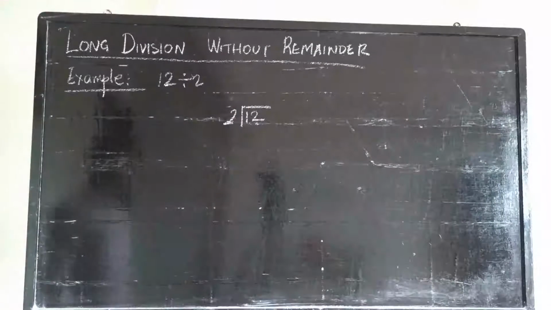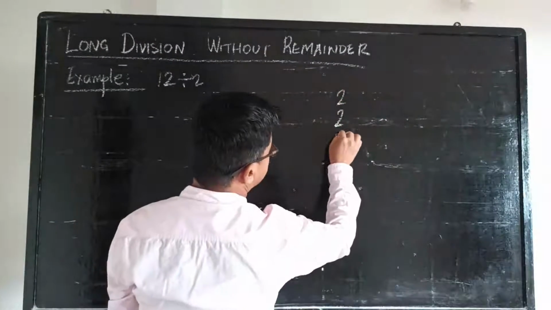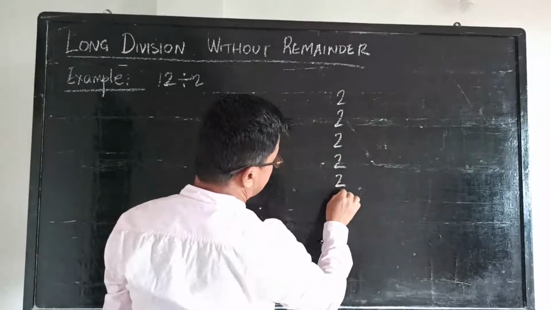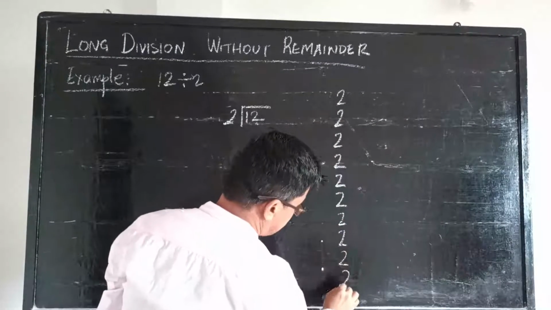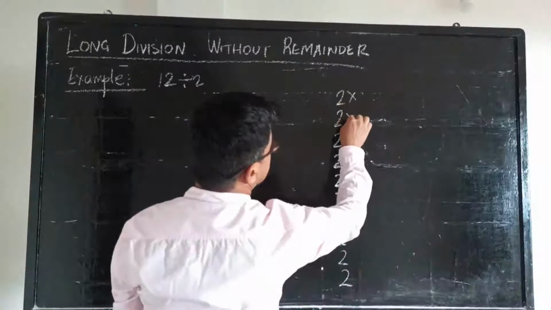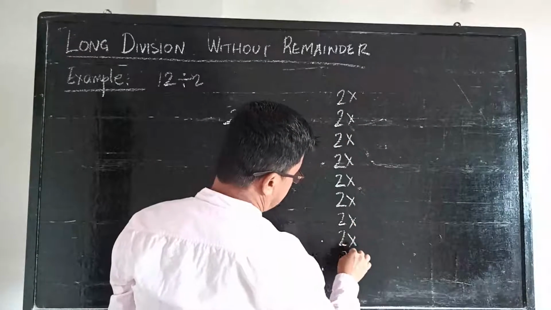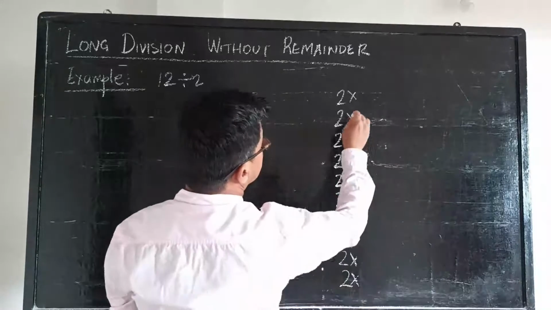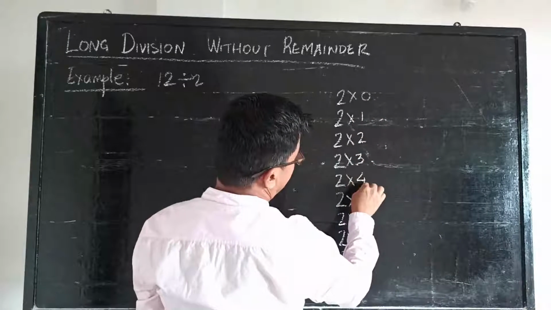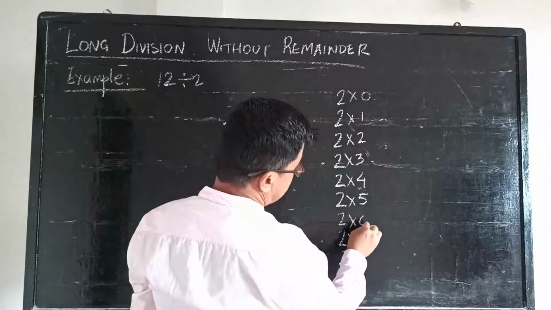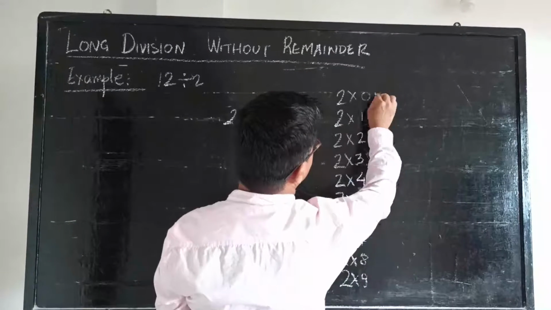Now look here, we write the tables of 2 here. Six, 7, 8, 9.